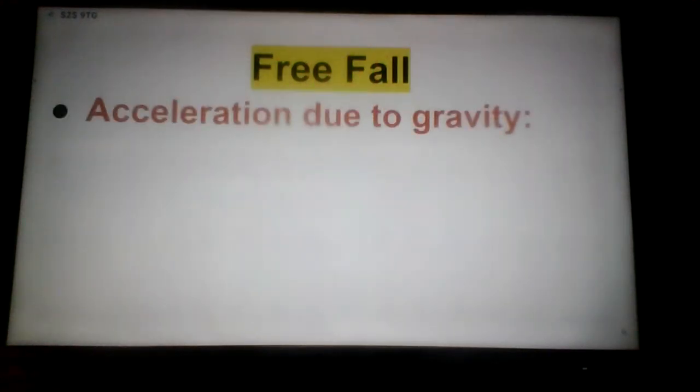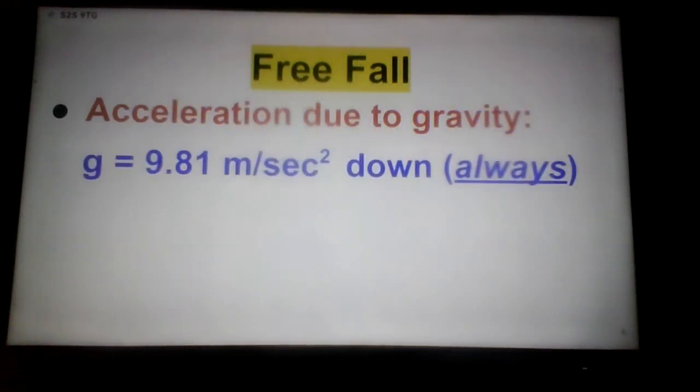Can we figure out how tall something is simply by allowing an object to fall? That answer is yes. The acceleration is due to gravity. At this rate right here, gravity pulls on every object with an acceleration rate of 9.81 meters per second squared. So an object falling, disregarding air resistance, will gain 9.81 meters per second of speed for every second of time that the object falls.